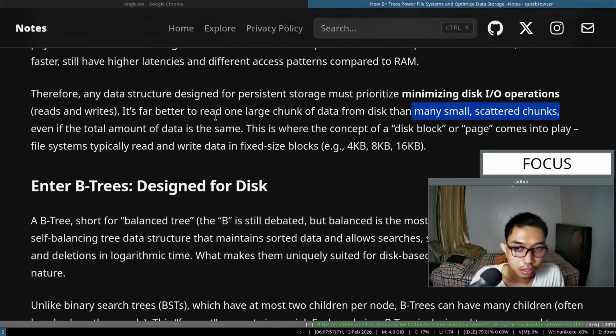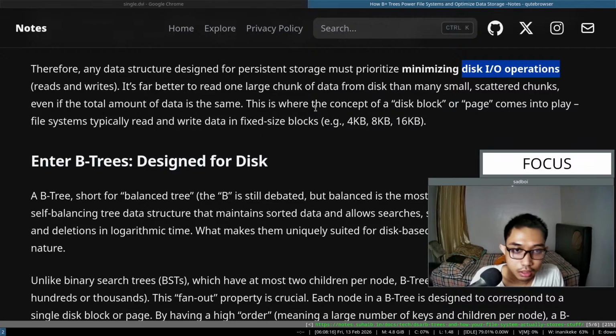Interesting. So it is better to read one large chunk rather than many small scattered chunks. This is related to disk input-output operations.